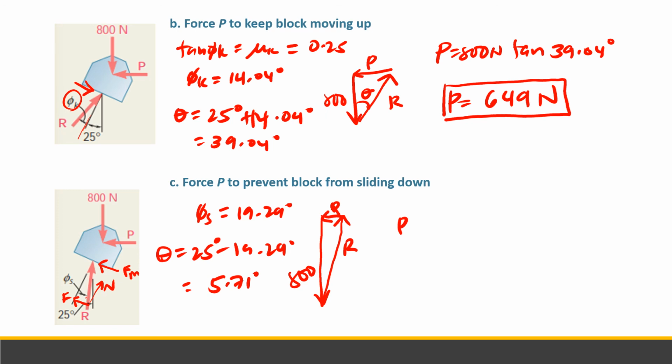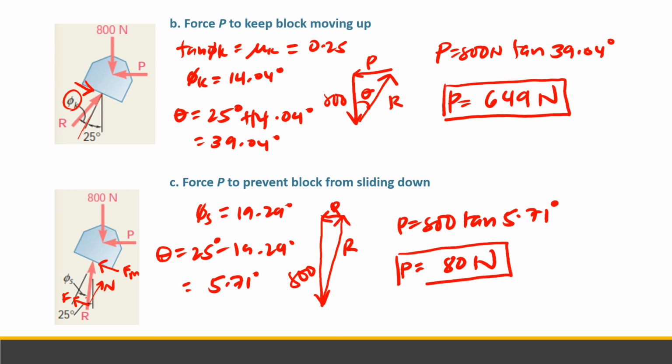So P is already quite small. P is equal to 800 tangent 5.71 degrees. So P is equal to 80 Newton. This is the force required to keep the block steady. It will not move up and it will not slide down. So 80 Newton. Meaning it is just static in its position.